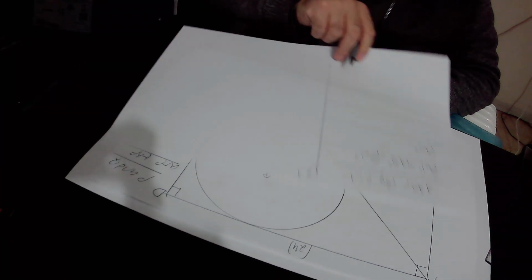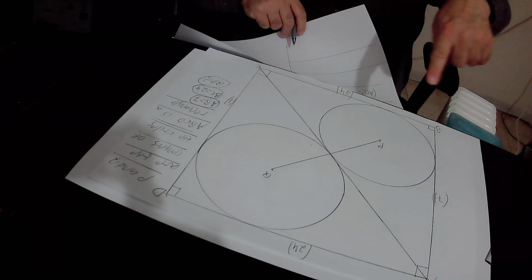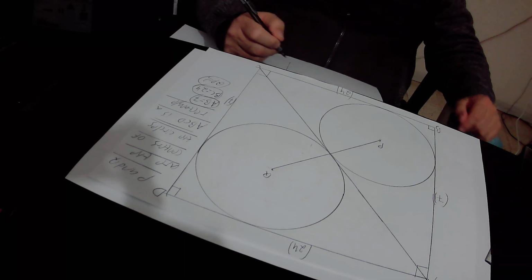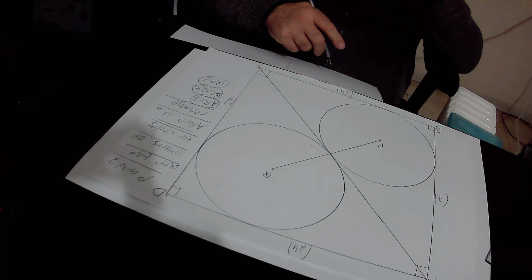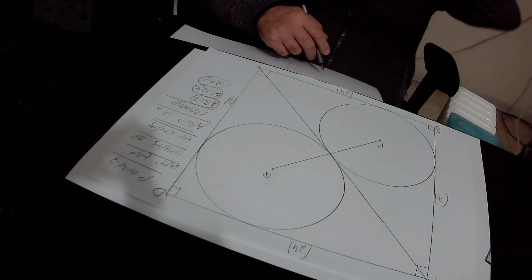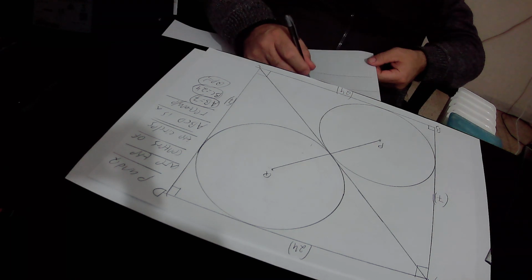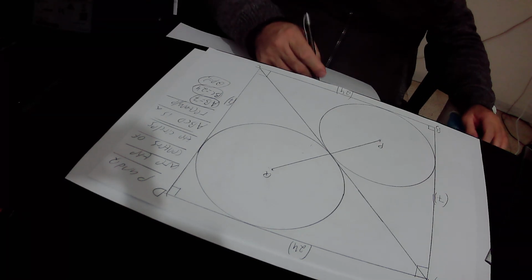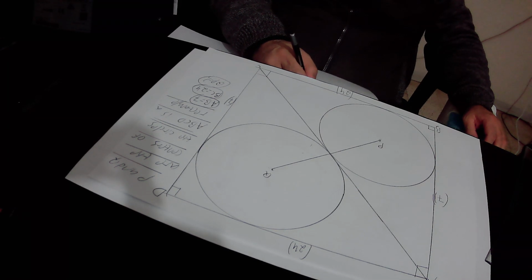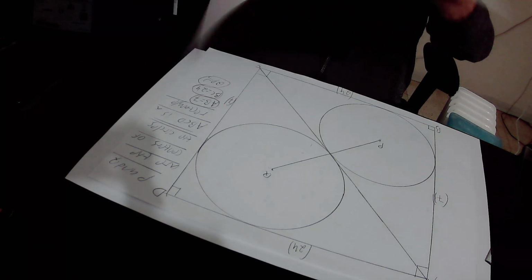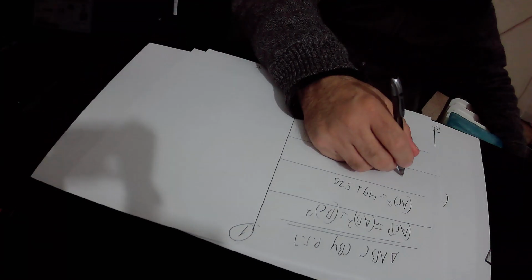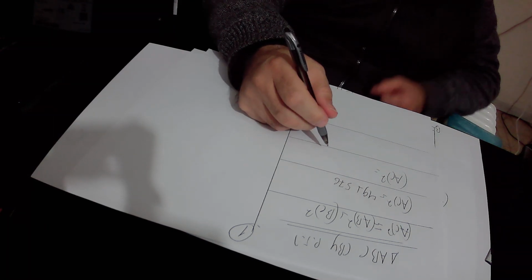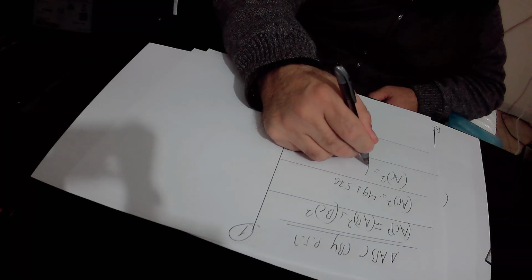So AC squared equals AB squared. AB is 7, therefore AB squared is 7 squared, that is 49, plus BC squared. BC is 24, therefore BC squared is 24 squared, that is 576. So we can find out that AC squared in total equals 49 plus 576, in total it equals 625.